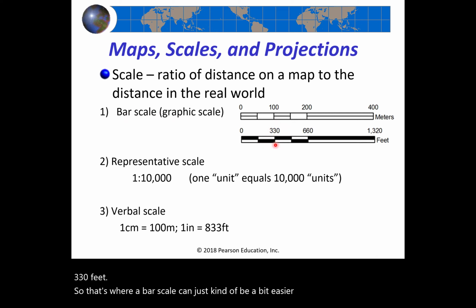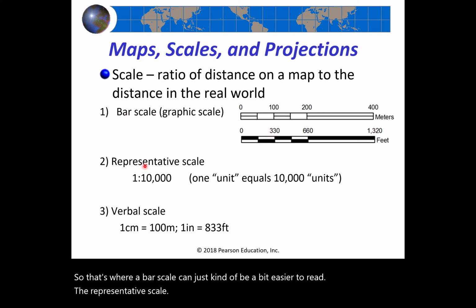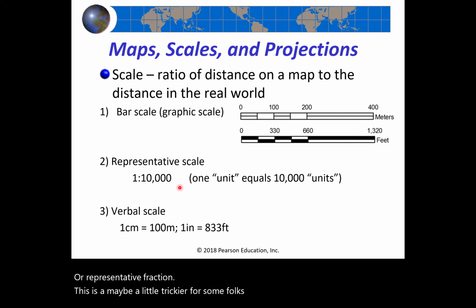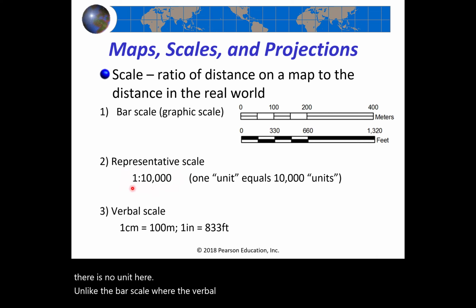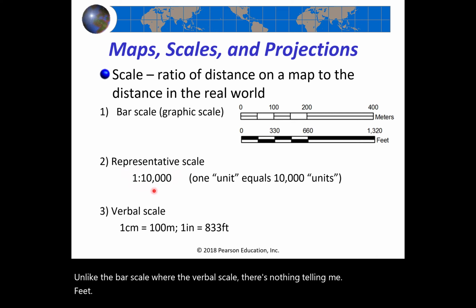The representative scale, or representative fraction, is maybe a little trickier for some folks to wrap their head around because there is no unit here, unlike the bar scale or the verbal scale. There's nothing telling me feet, meters, inches, what.